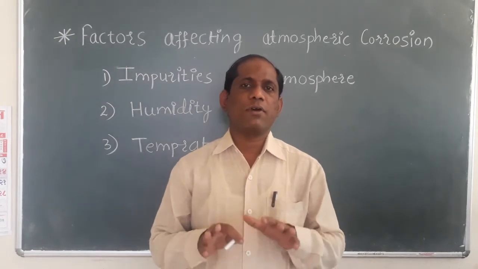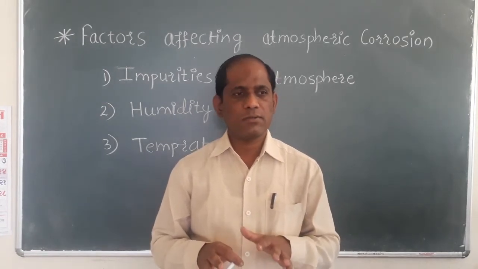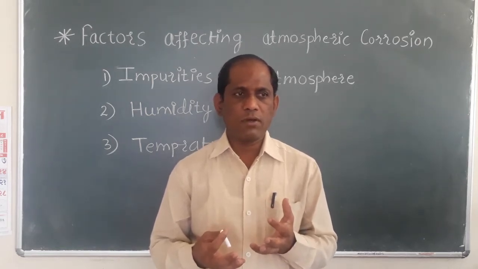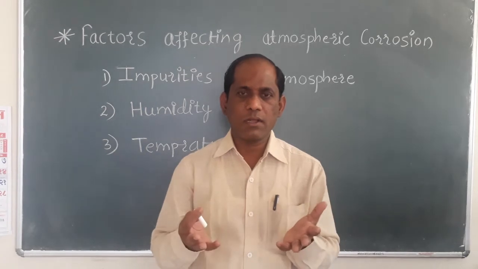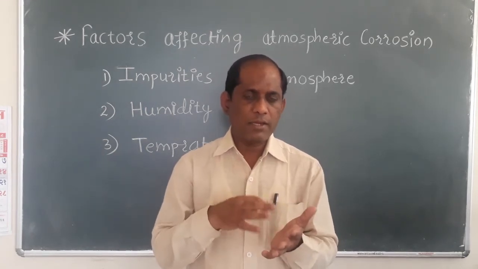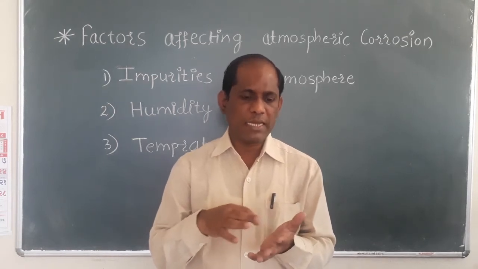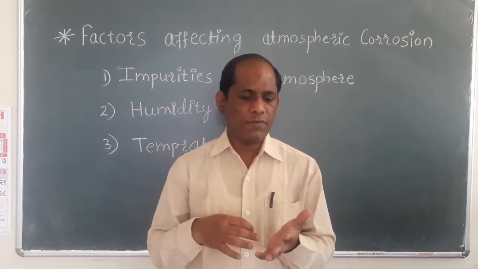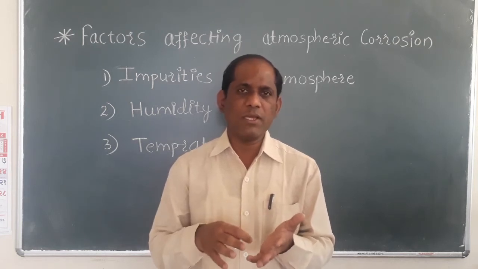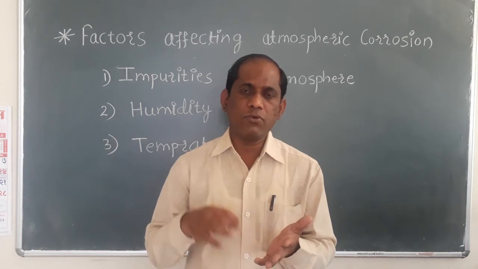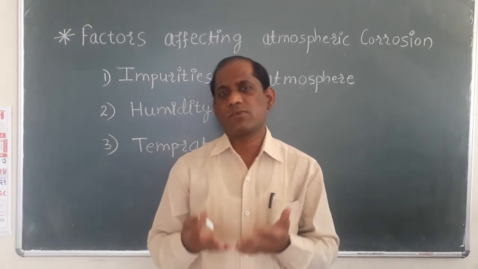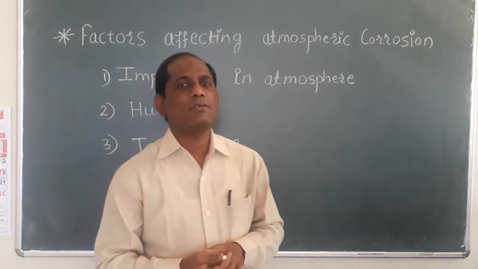So if corrosion takes place due to attack of the gases present in the atmosphere, and those gases attack the surface of the metal, and the surface undergoes deterioration, decay or damage due to the surrounding gases in the atmosphere, we say that it is atmospheric corrosion.